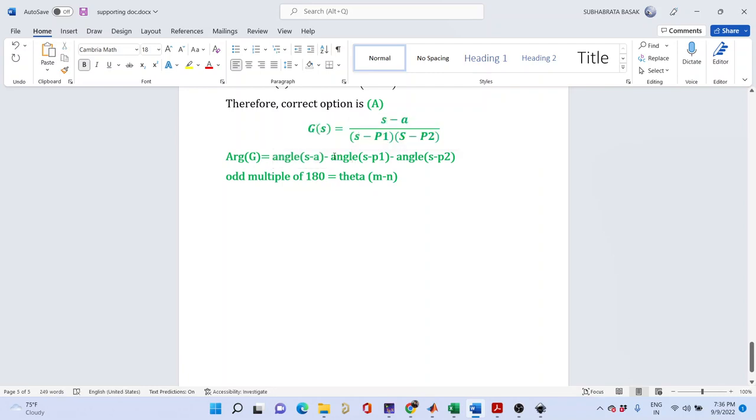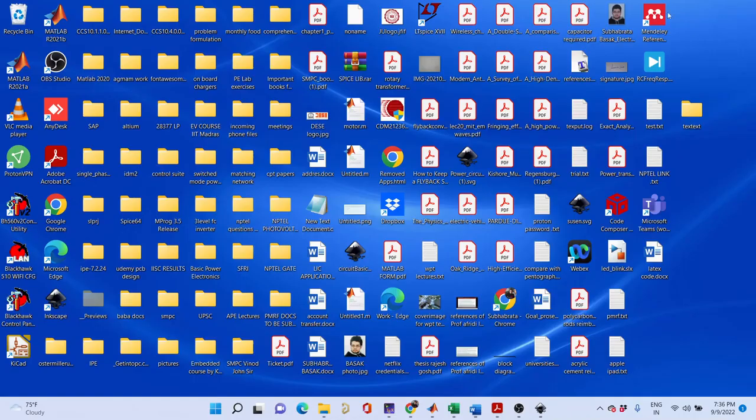This is the angle which is contributed by the pole of the system. This is the angle contributed by another pole. So say if there are n number of poles, then that will contribute to the negative of the angle. So minus of n. So let us represent it by the number of poles. Okay, sir, I got that. So this is how that formula comes actually.